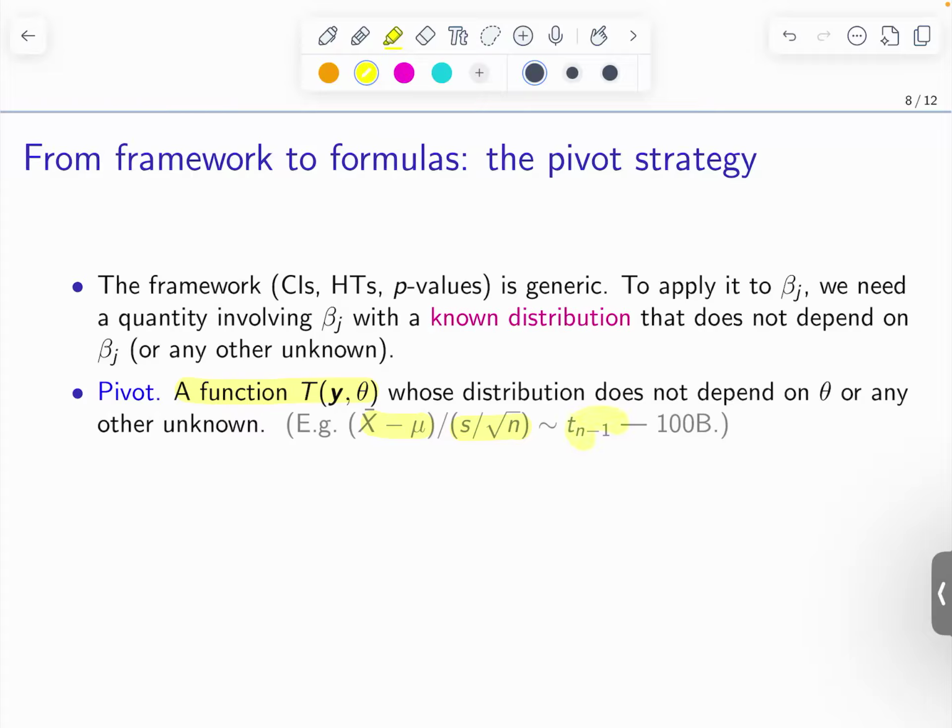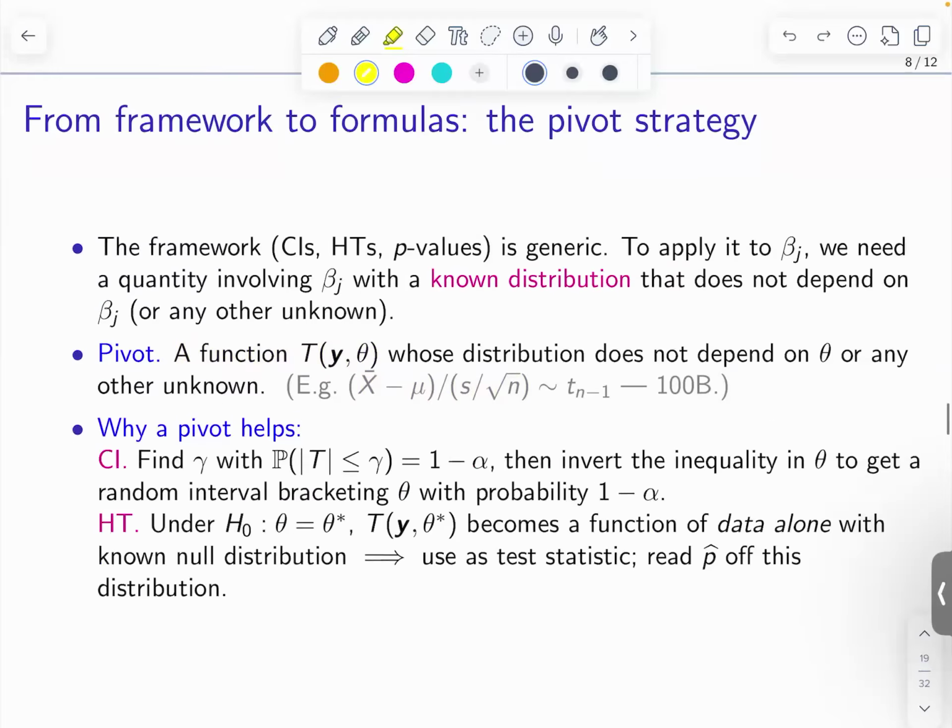The distribution is completely known and doesn't involve any unknown parameters, but the statistic itself involves mu. But that's good enough for us because then we can invert the relation and get a confidence interval out of it. That's kind of the strategy. And why does this help? Because, for example, I can find the confidence interval by finding gamma such that the probability that the absolute value of t is less than or equal to gamma is 1 minus alpha.